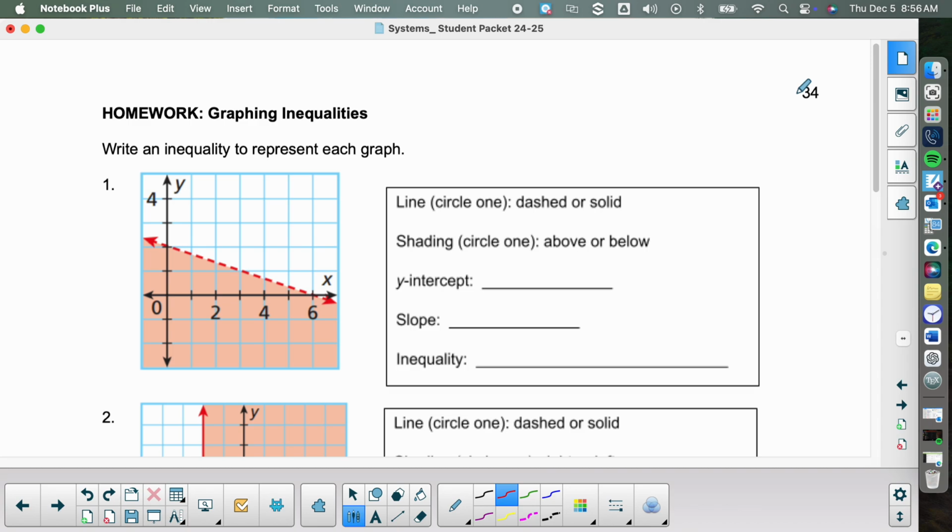So if you are a person that has not turned in both of the first assignments, I would finish those during this 20 minutes and get those turned in to me before you start anything on this graphing. Because this graphing you'll be able to remember very quickly, it's not that bad at all. Okay.